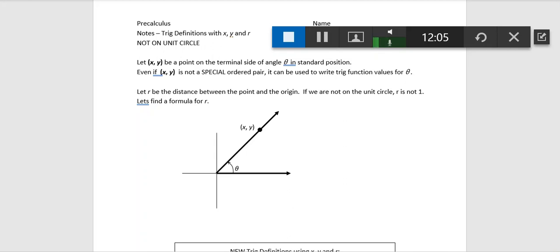When you're looking at the ordered pair, one of the ways you'll know is you'll recognize it as one of our special ordered pairs. We only really have a couple combinations. We have this one, we have this one, we have this one, right?